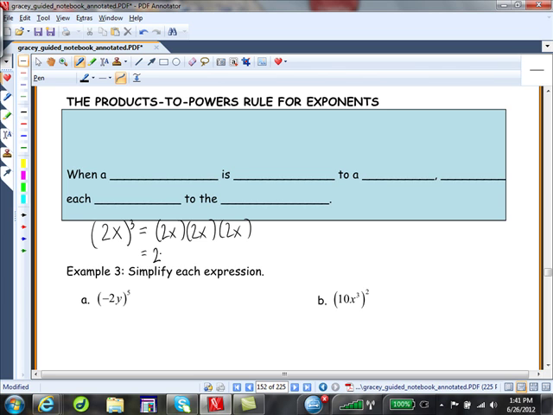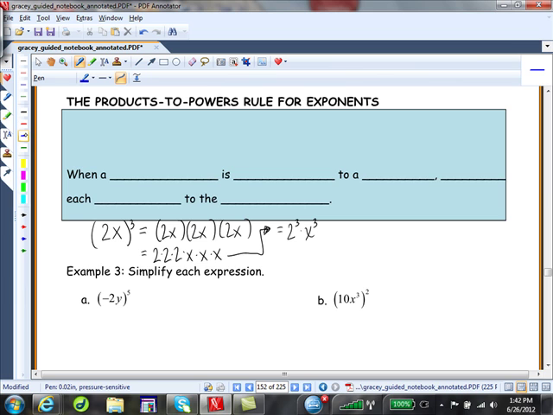This is 2 times 2 times 2 times x times x times x, right? Which is 2 multiplied to itself 3 times x multiplied to itself 3 times. So it turns out that if you have two different factors being raised to a power, you can raise each factor to that power. Okay?